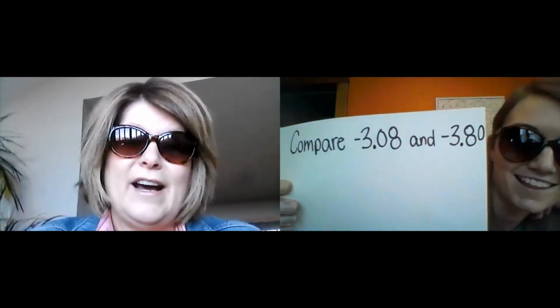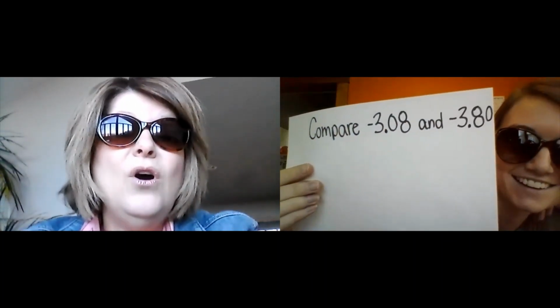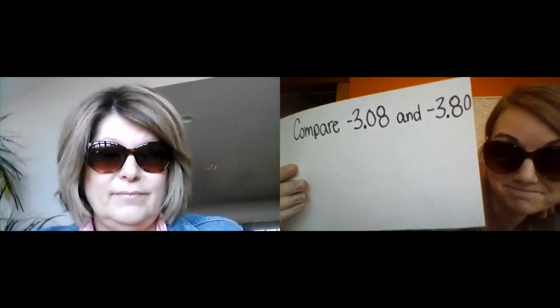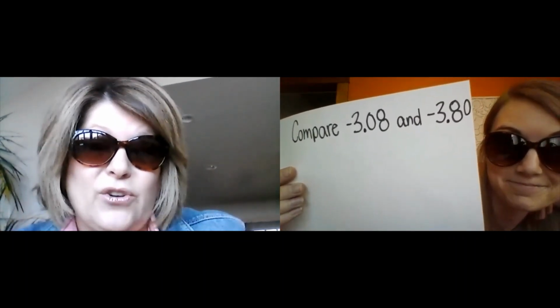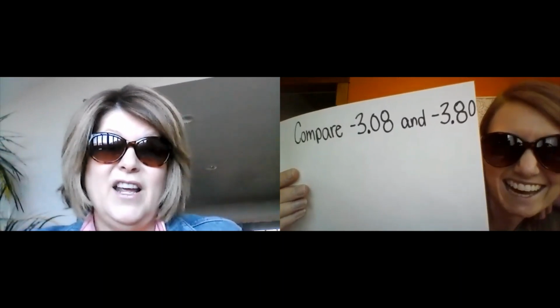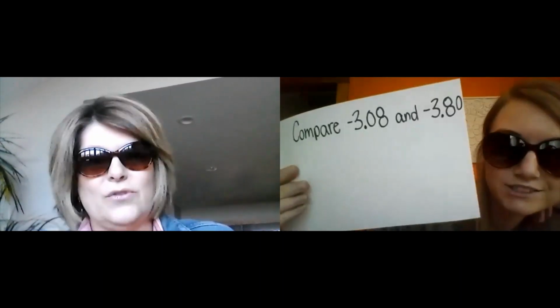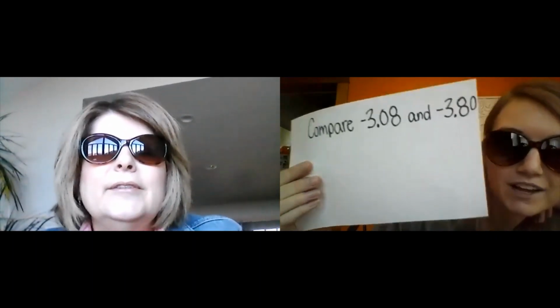I draw that little dotted 0, because now we each have a whole number and we have both in hundredths, so now it's easy to compare. It would be kind of a pain to graph that, because we would have to do 80 hundredths all the way out. So here you go, you've got 2 ways to solve it. Good luck.